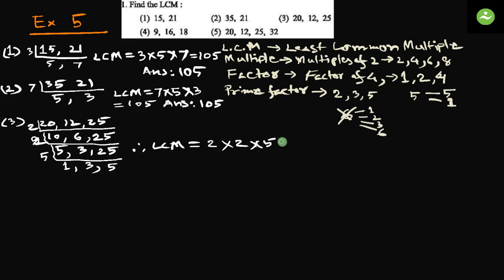So into 3, into 5 equals, 5 into 2 is 10. 3 into 5 is 15. 15 into 2 is 30. 30 into 10 is 300. Answer is 300.